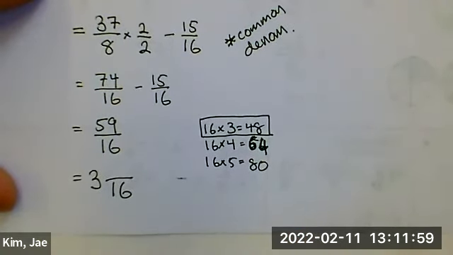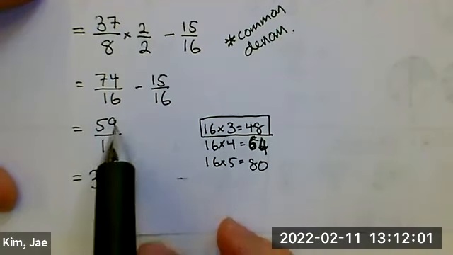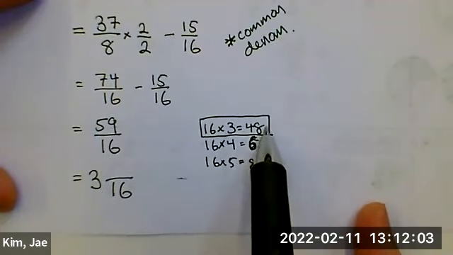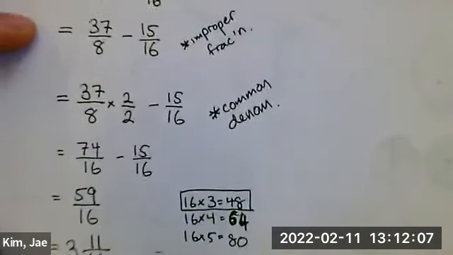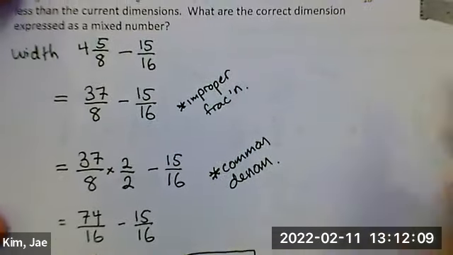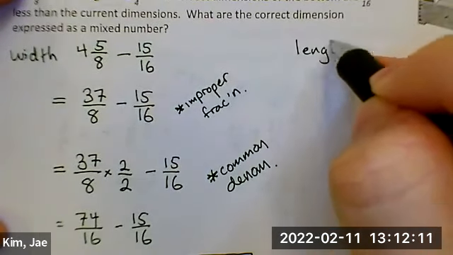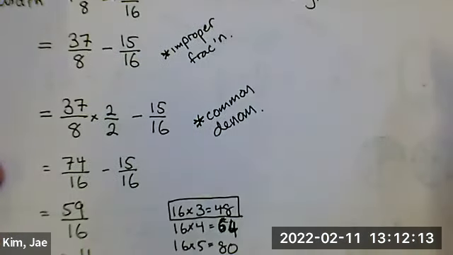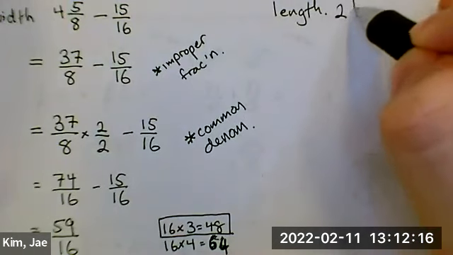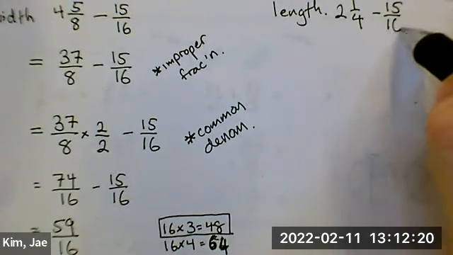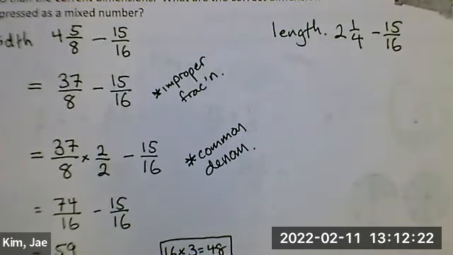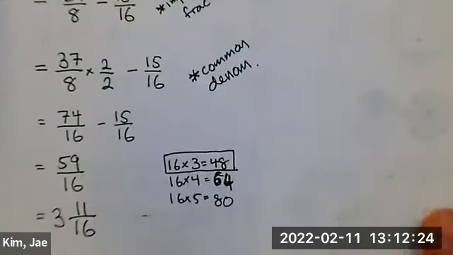How much is left? 59 minus the 48 pieces that are gone, we've got 11. Here's your answer for width. Using the same process, can you do length for me? The length was given as 2 and 1/4, and we need that to be smaller by 15/16 of an inch.